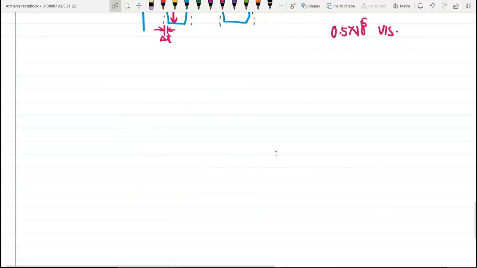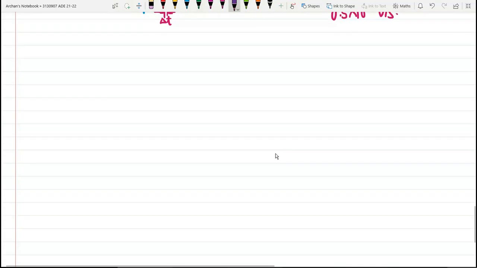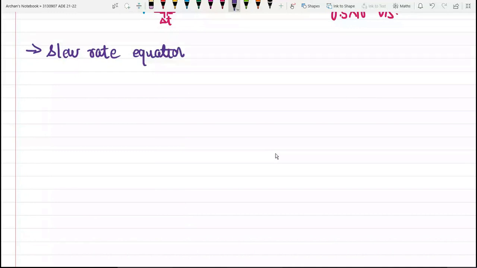Okay, so let us try to derive this slew rate equation now. So again we will consider a unity gain operational amplifier circuit. This time we will consider a sinusoidal input. Okay, so if my input is sinusoidal, definitely the output is going to be sinusoidal.